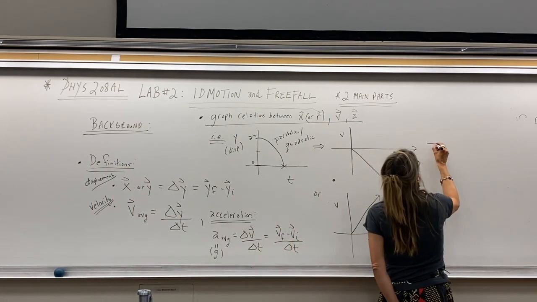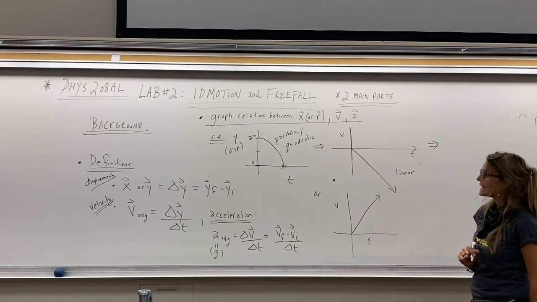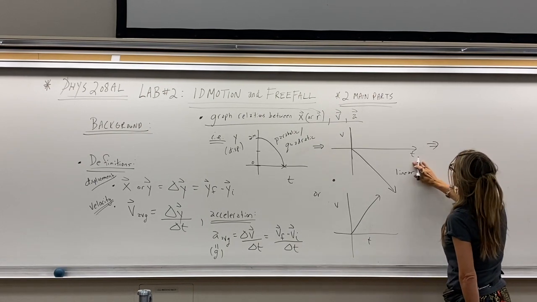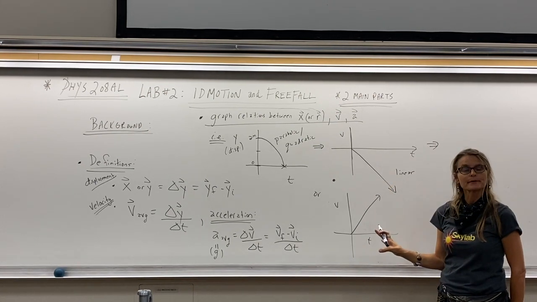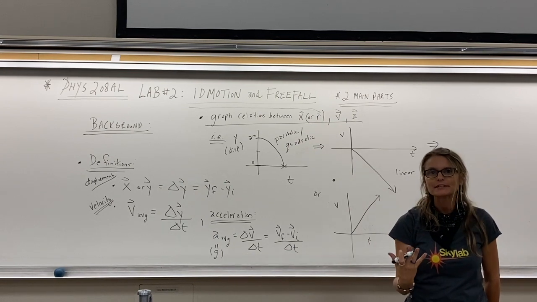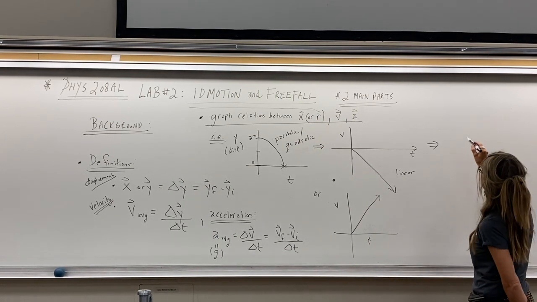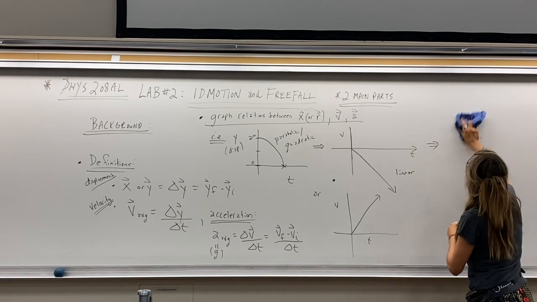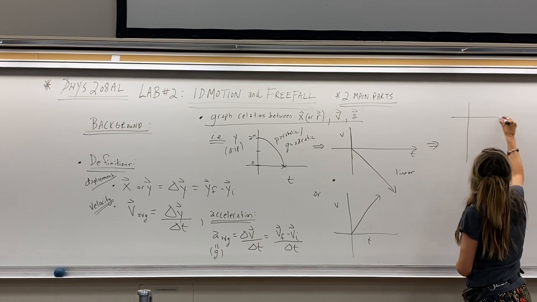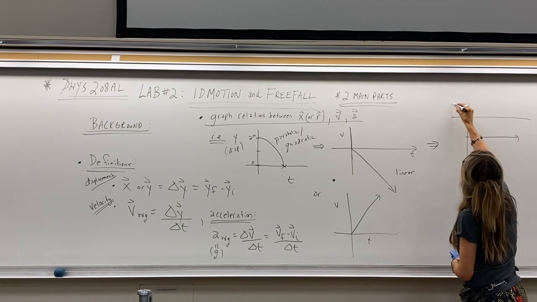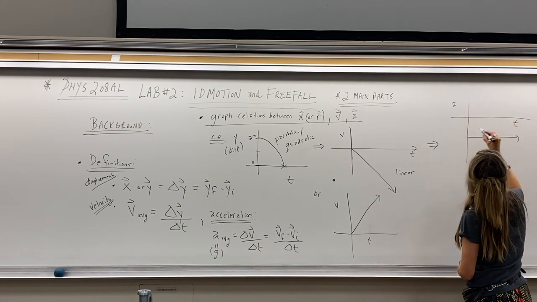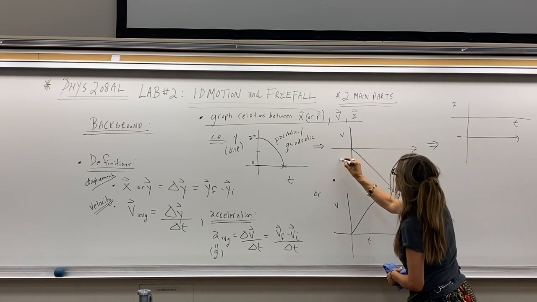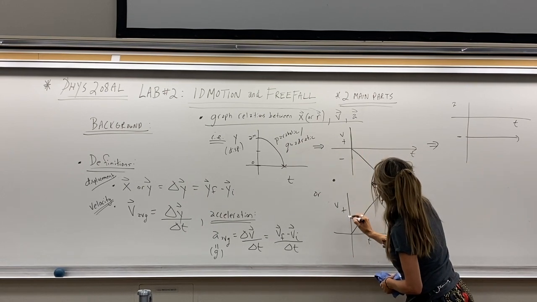Now the related acceleration versus time curves would be so on. If your velocity versus time curves are linear, then taking the derivative of a linear equation will give you a constant value. So in this first case, your acceleration will be negative. So your a versus t graph would be a negative acceleration value. So this is negative, positive, positive, negative.